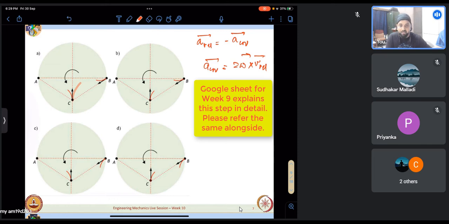So the path that the person B would observe would be negative of this Coriolis, which will be towards that. So we can see that option B is what matches this. This is the correct path that would be observed by these people rotating with it. If there are any questions, I'm happy to answer them.